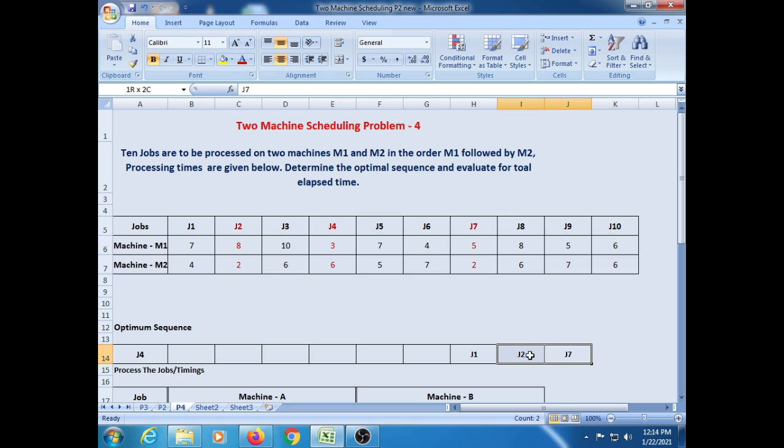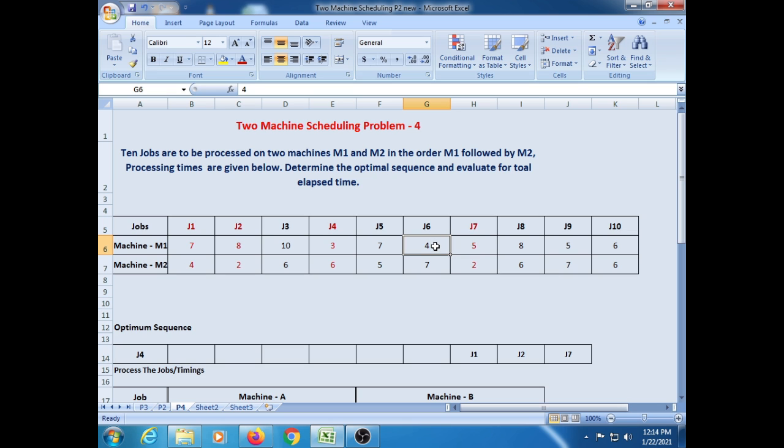Already we have 2 jobs here, so after those 2 jobs, we have to place job 1 from right to left in the sequence. So the job 1 I placed here, and I just change the color.